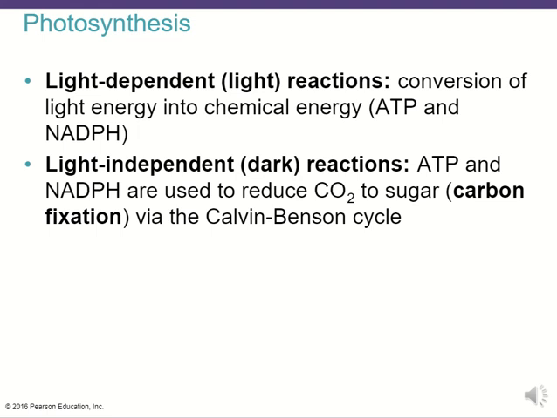But there are light-independent dark reactions, where ATP and NADPH are used to reduce carbon dioxide into 6-carbon sugar molecules. This process is called carbon fixation, and it's done via the Calvin-Benson cycle.